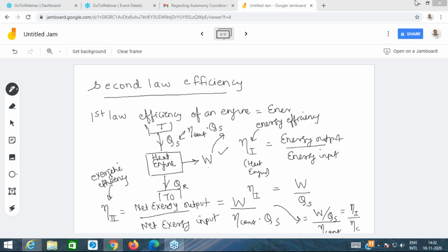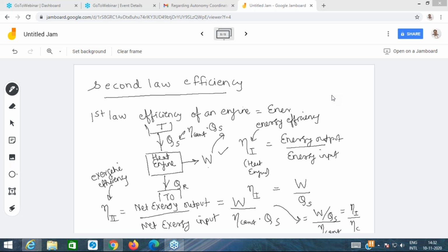Okay. Many students are saying they understood this. Mayuri Hire has understood. Rushali has understood. Others, have you understood this? Abhay has understood this. Okay.